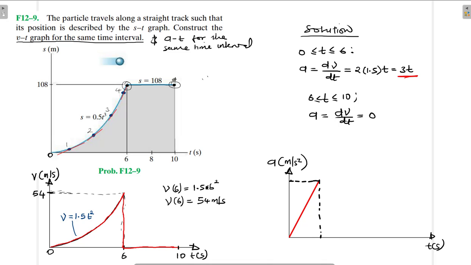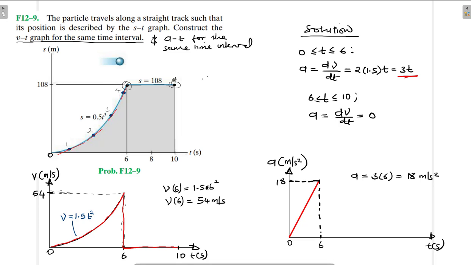At this point is 6 seconds. This is 6 seconds, yes. At this point here, acceleration is going to be equal to 3 by 6, which is equal to 18 meters per second squared. So this is 18 there.